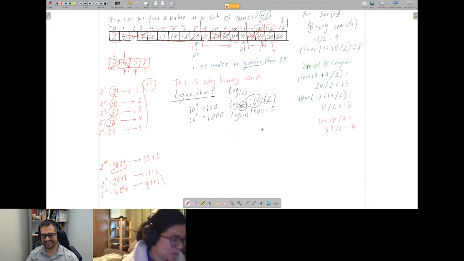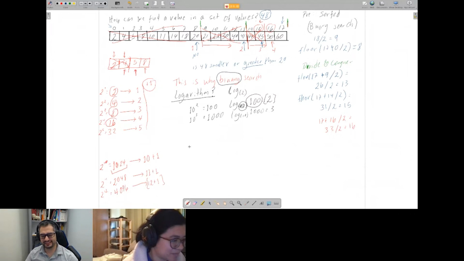So yeah, that's 3. Now, why do we use base 2 here? It's because of this word, right? It's a binary search. It divides it in half, so every time it doubles, which is logarithm of base 2.